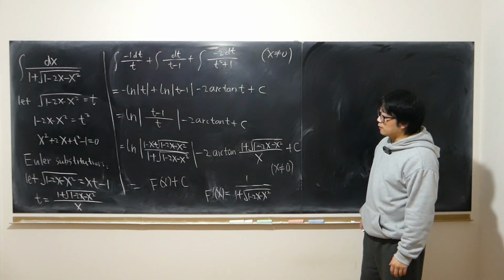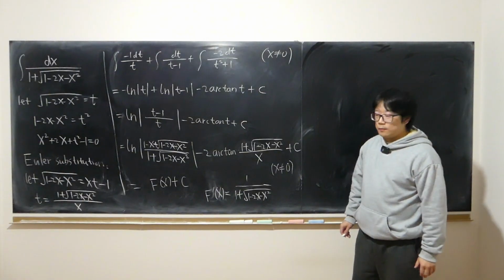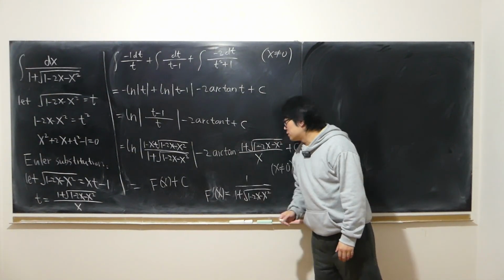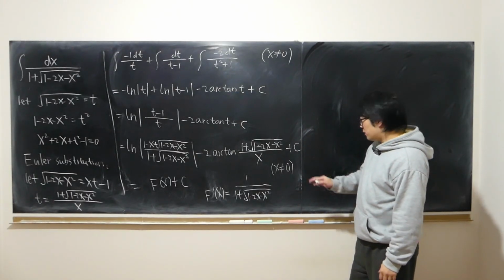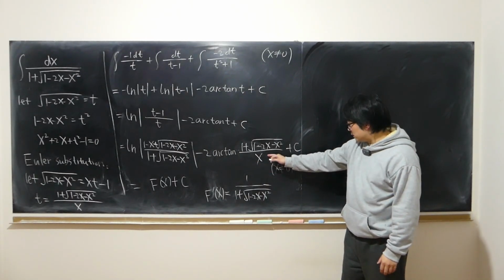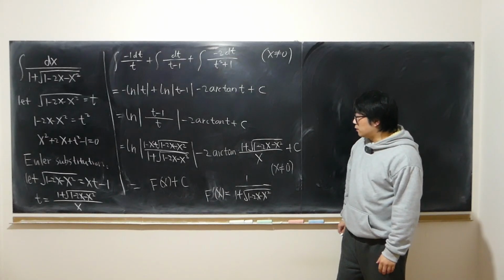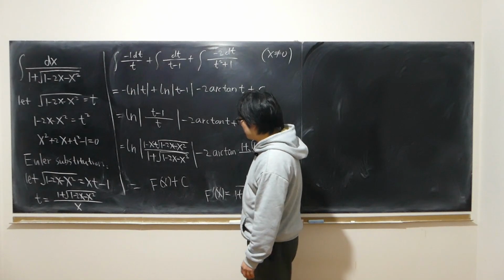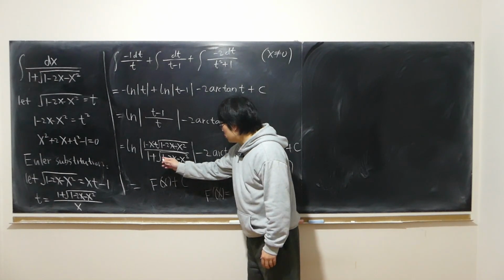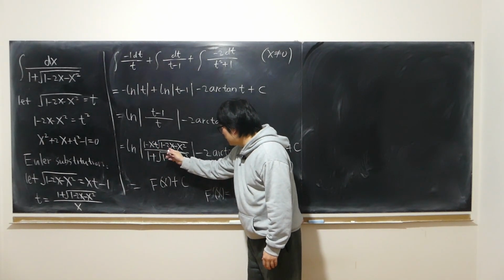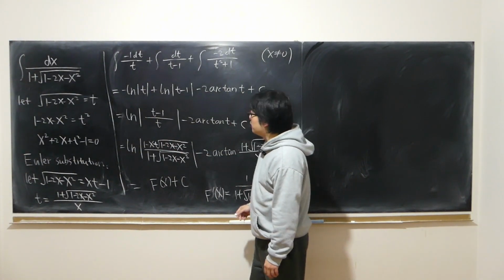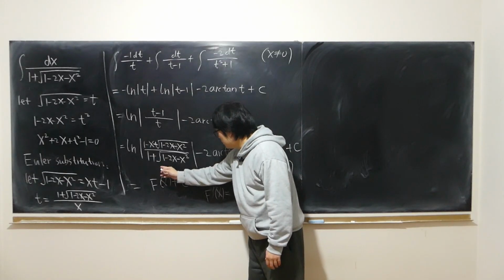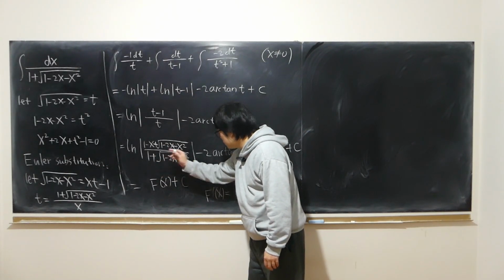So the problem here is that when you have a look at this function, let's call it f of x, even though it doesn't have a definition at 0, do we have a limit? x approaches 0. In the numerator, you have 1 minus 0 plus 1, you have 2. Then the denominator, you have 1 plus square root of 1, you have also 2.